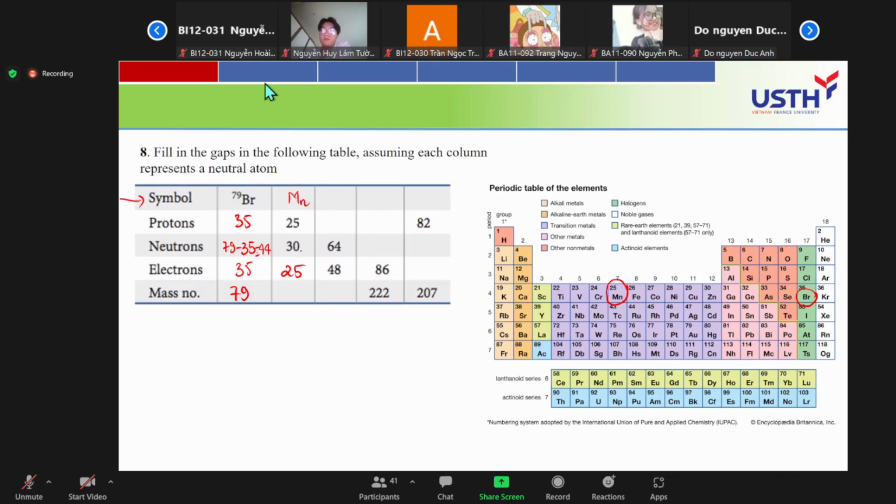The number of neutrons is 30, so the mass will be 25 plus 30, which is 55. So you have the symbol here, 55 manganese. You can do the same for the others.